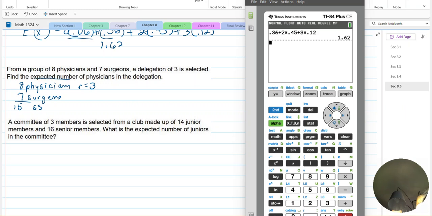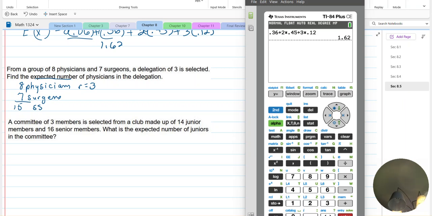Find the expected number of physicians in the delegation. And so we're talking physicians only. So here we go with physicians, and we'll see what we get.